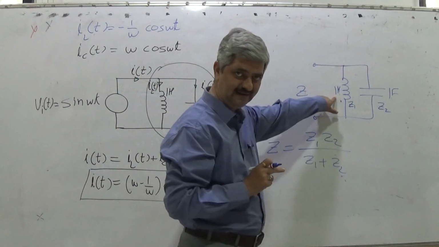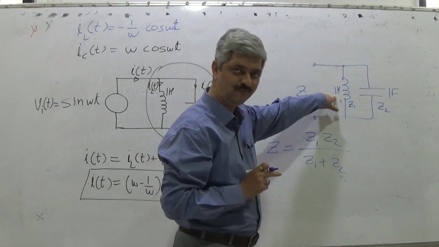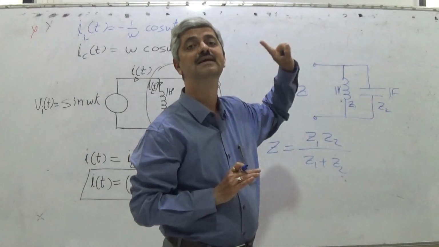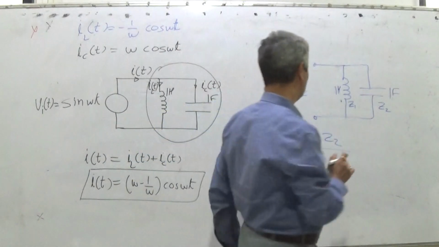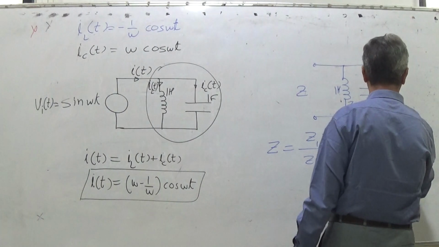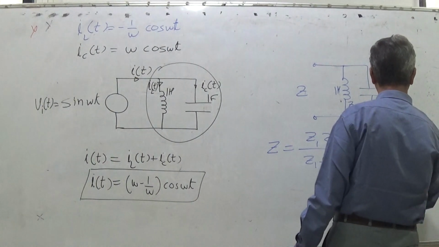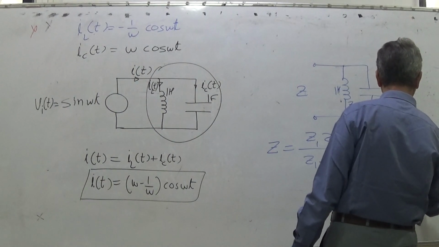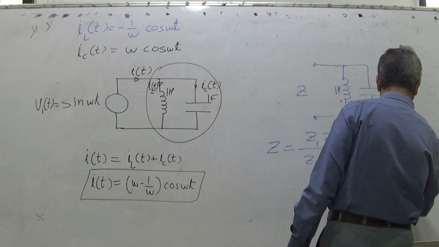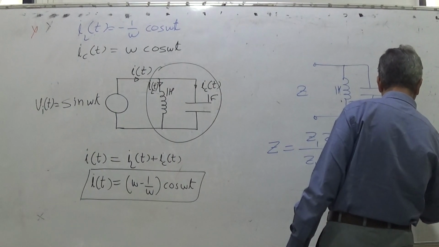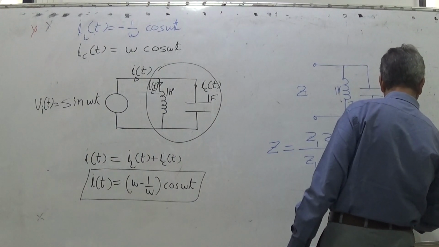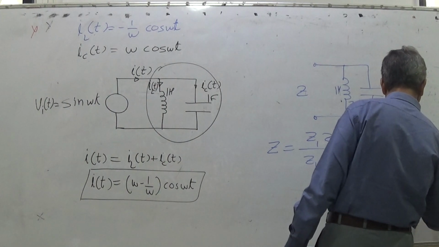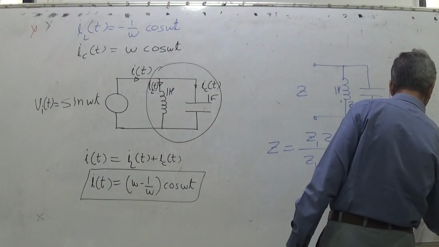For 1 Henry inductance, the inductive reactance is j omega L. So Z1 is equal to j omega, and Z2 is equal to 1 upon j omega C. C is 1, so 1 upon j omega, or the same I can say as minus j upon omega.